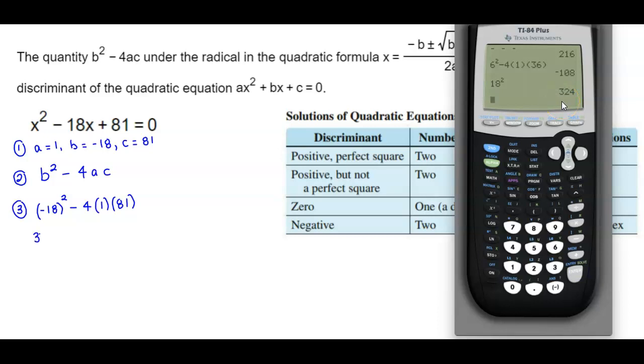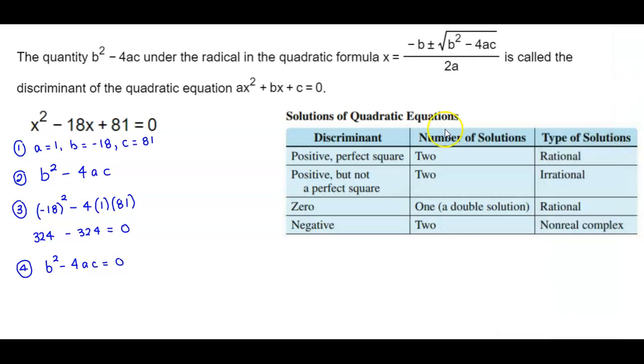So we have 324 minus 4 times 1 times 81, and 4 times 81 is going to give us 324. And so that equals 0.